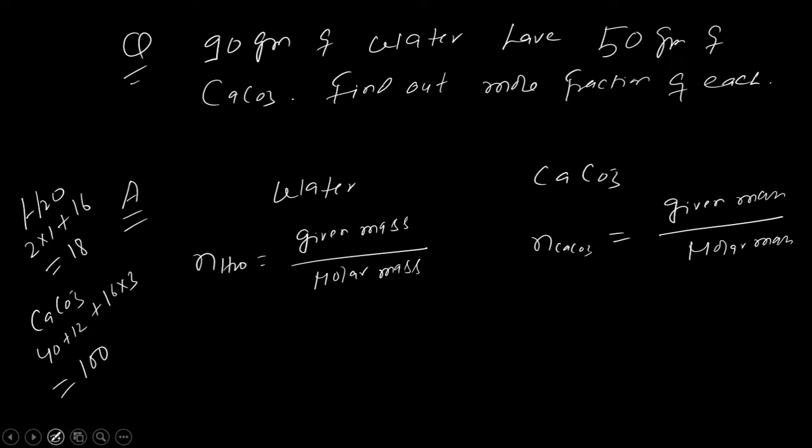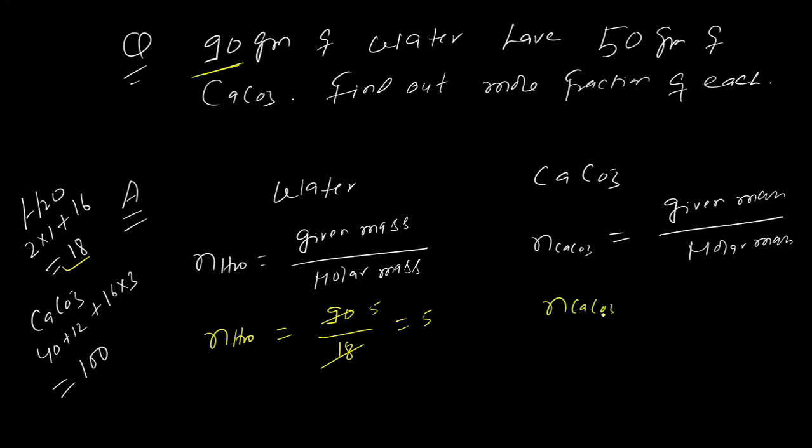Now what do you have to find out? Number of moles of each. Put the values. Number of moles of water: mass is 90 gram, molar mass you got 18, so 90 divided by 18 is 5. So the number of moles of water you got is 5. Now the number of moles of calcium carbonate: given mass is 50 divided by molar mass 100.